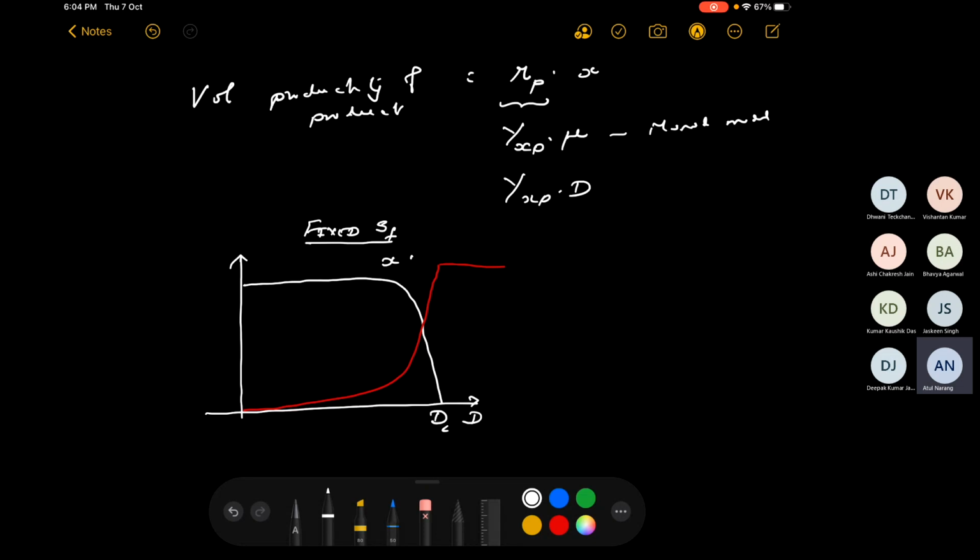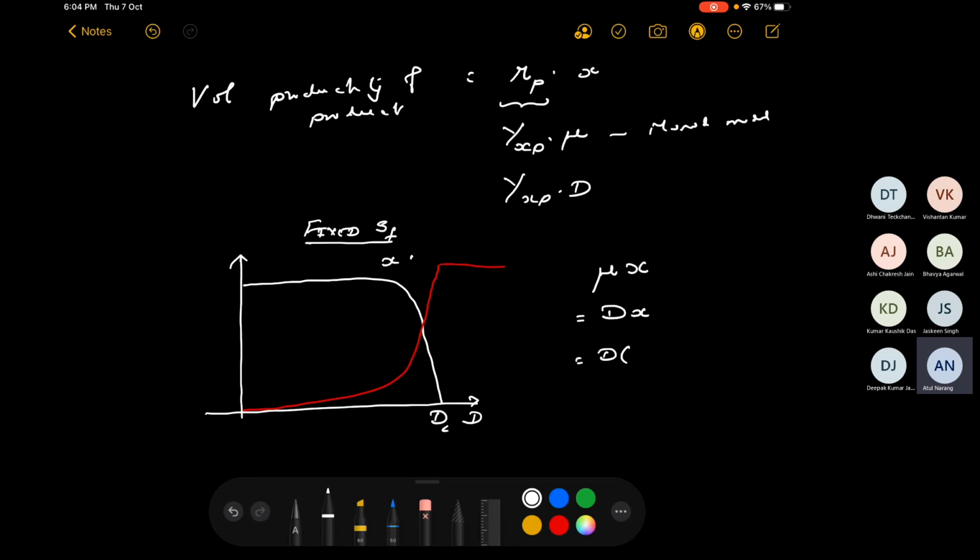You're telling me that the volumetric biomass production rate is mu X, which in the case of a chemostat just becomes D times X, and you know what X is.